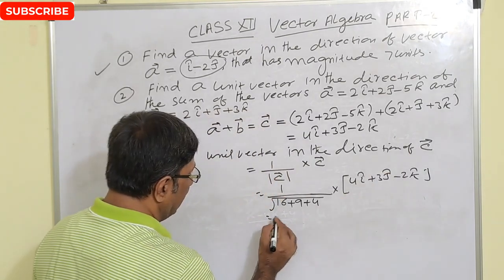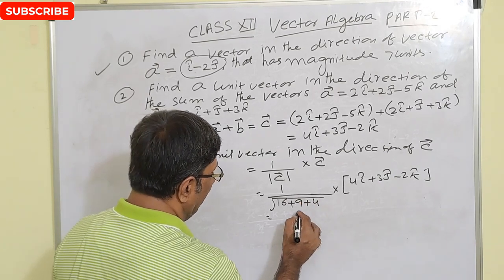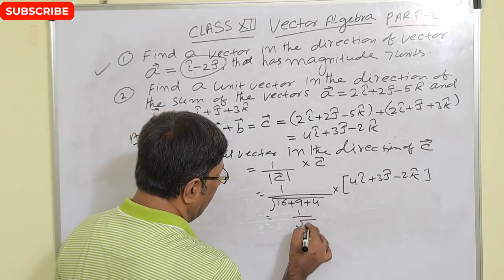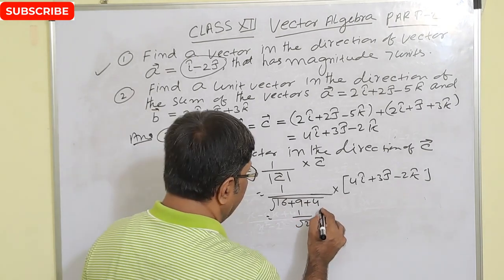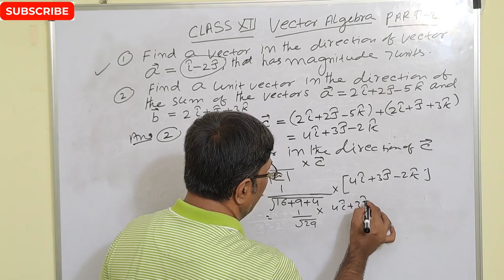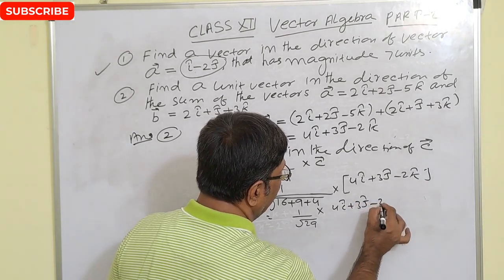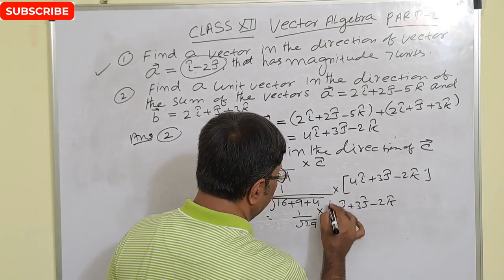So this is 1 upon root 29 multiplied by 4 unit vector i, 3 unit vector j, minus 2 unit vector k.